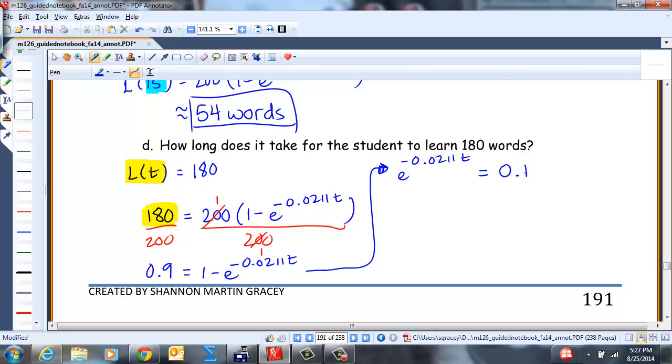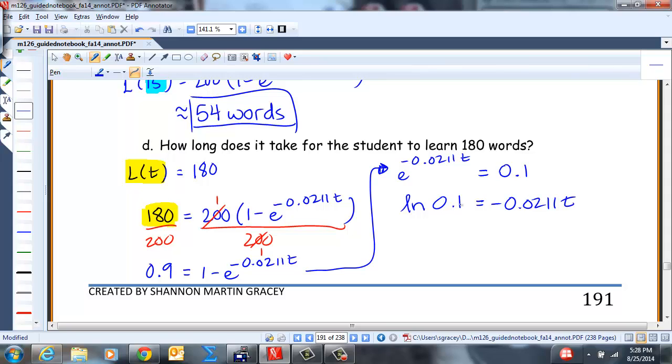Switching this into log form, since we have an e as the base, it'll be natural log. A logarithm is an exponent, so we'll have negative 0.0211 times t, and then what's left, 0.1.